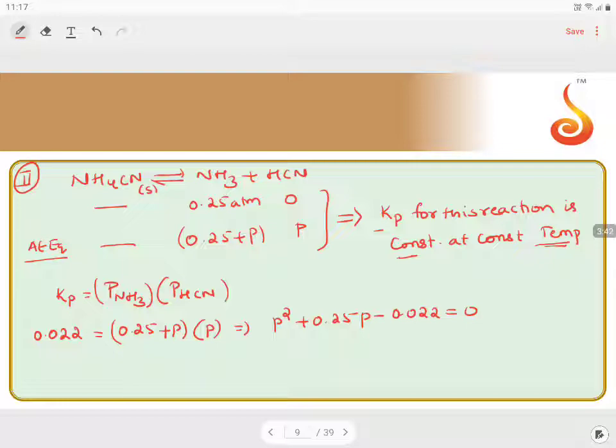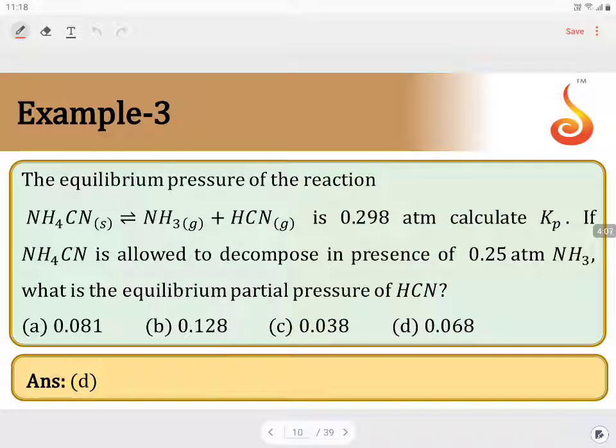On solving this equation, we get the value of P equal to approximately 0.068. So this becomes the partial pressure of HCN. The partial pressure of HCN will be 0.068 atmosphere. So we have this option D, 0.068, as the answer.